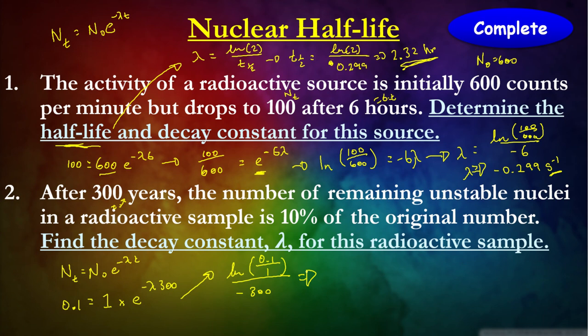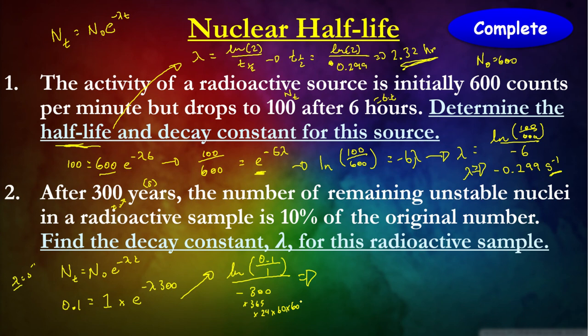Before I go on, this 300 here needs to be converted into seconds, because if you recall, the units for lambda is per second. So we know that in 300 years there's 360 days, in 360 days, 24 hours, there's 60 minutes, 60 seconds.